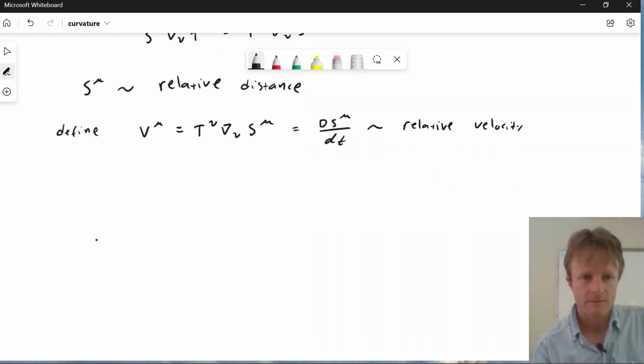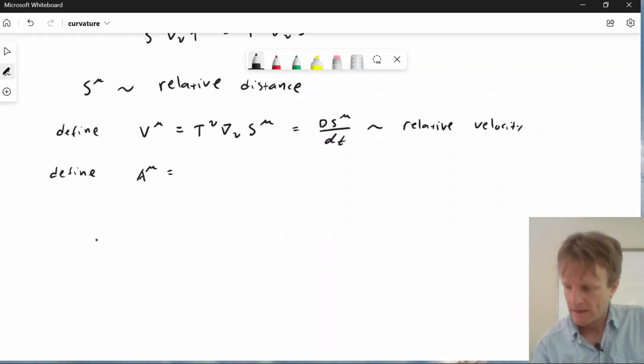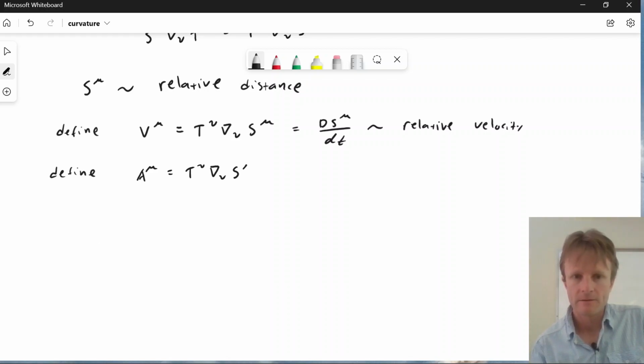And then, similarly, we can define capital A^μ as T^ν ∇_ν V^μ, not S^μ, it should be V^μ. It's a mistake in my notes.